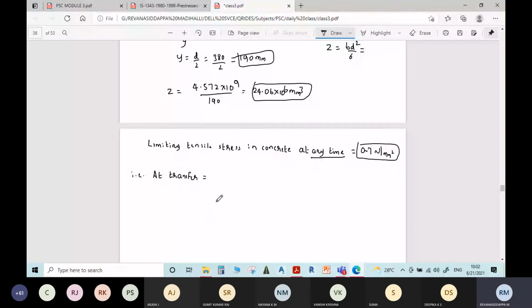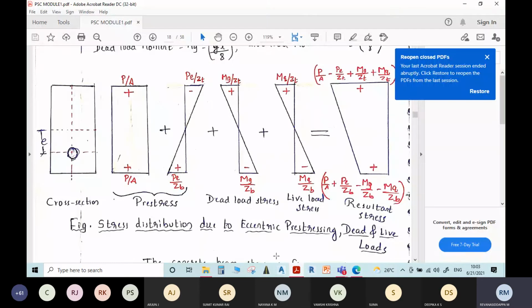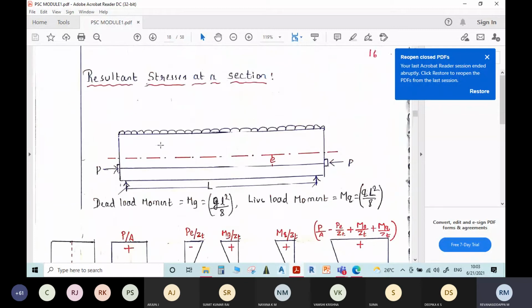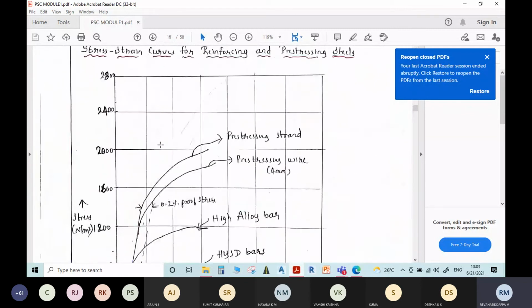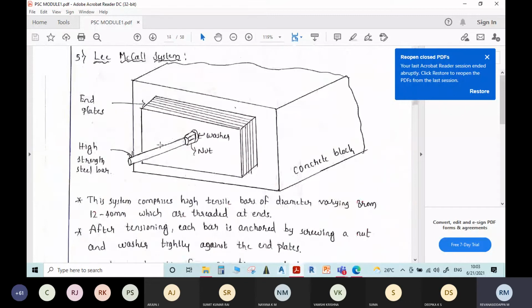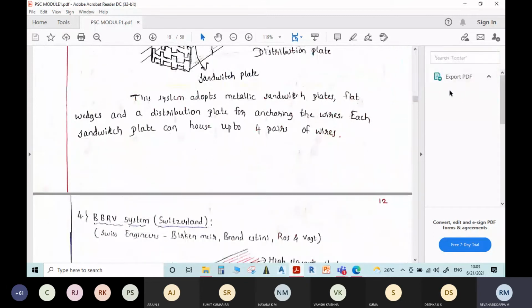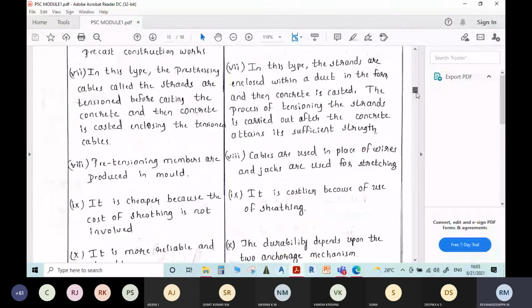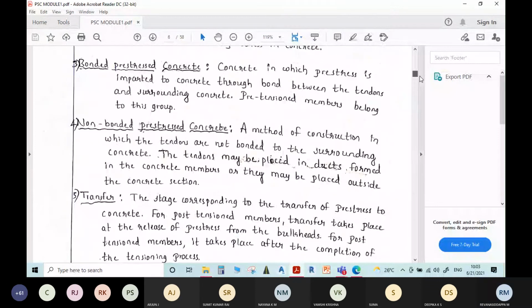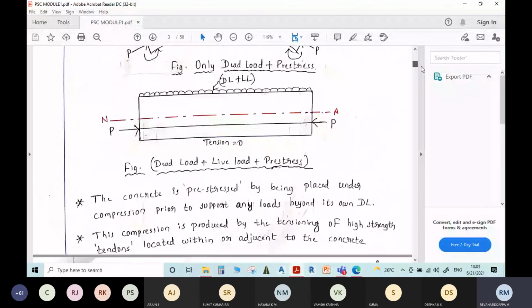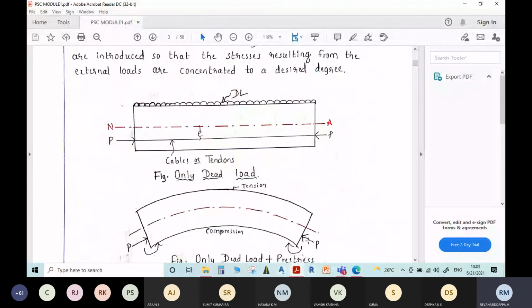At transfer, F superior is equal to... See, at transfer condition, the tensile stress will be induced at the top fiber. Here you can see in the basic theory, you can understand here.